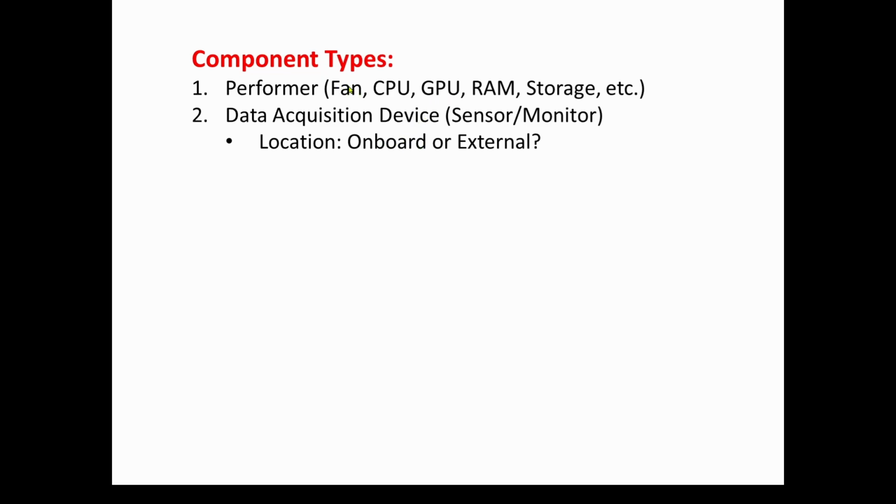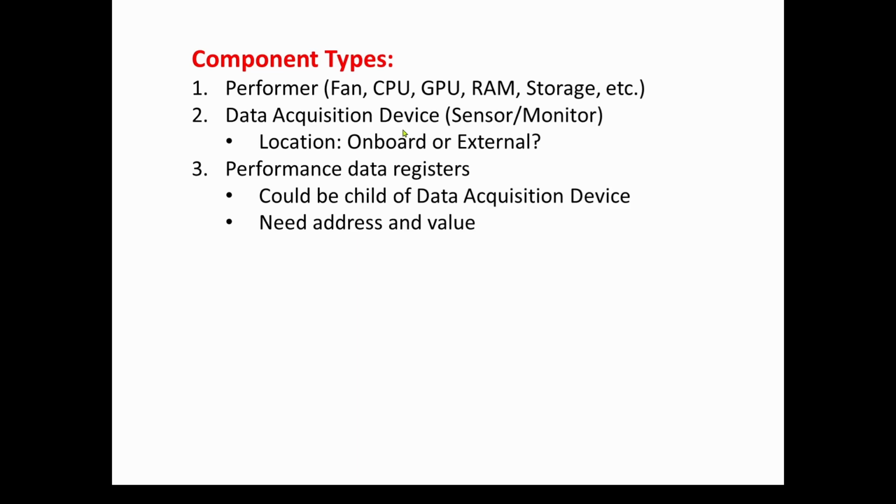With a fan, is there an external data acquisition device, or is there a chip in the fan that can measure the fan speed? So when we look at our data acquisition devices, one of the things we're going to have to figure out is where is the data acquisition device for each component? Is it onboard or external? And that's going to matter to us because we're going to have to figure out how to communicate with that data acquisition device and grab data.